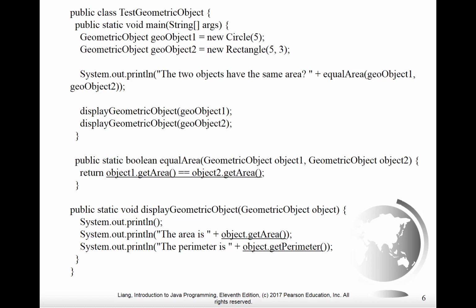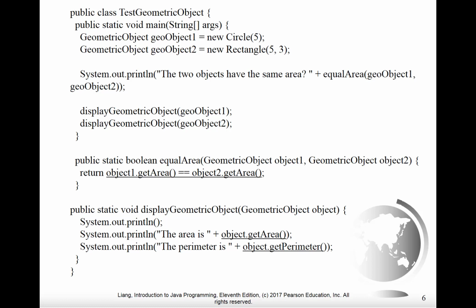If you go down and find the definition of equal area, that method round about the middle of the slide there, you'll notice that it accepts geometric objects as arguments. Now before, our geometric object class did not have a getArea method. In a sense it still doesn't because it's only an abstract function, but because it is there, abstract though it be, we can now use it.